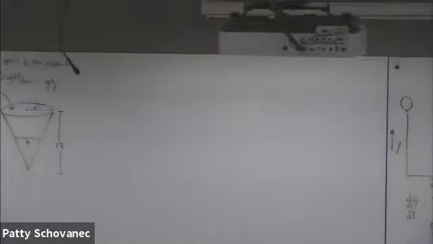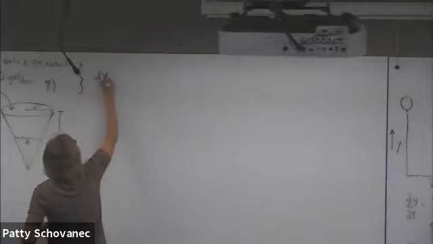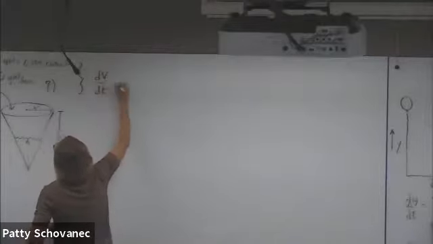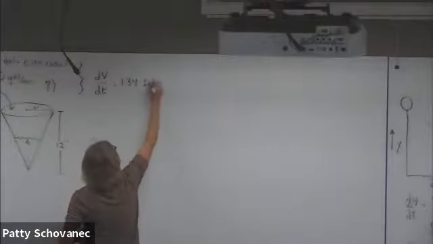Volume. So we're looking for the volume of the cone, and this is going to be a rate of change in the volume. So if 1 gallon is that, then 10 gallons is going to be 1.34 cubic feet per minute. So the volume increases at a rate of 1.34 cubic feet per minute.